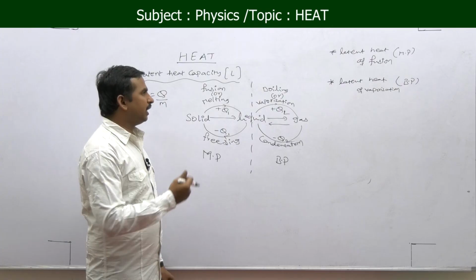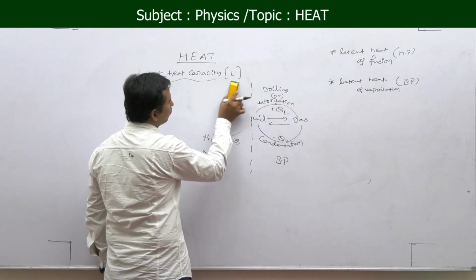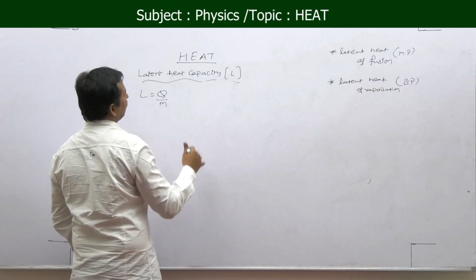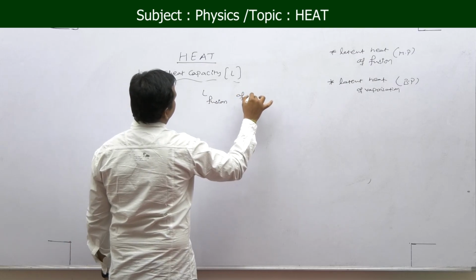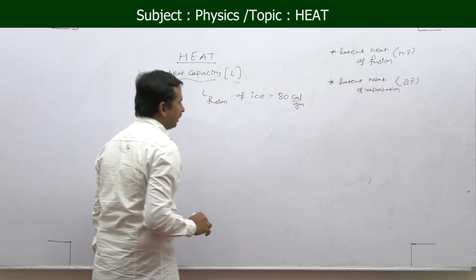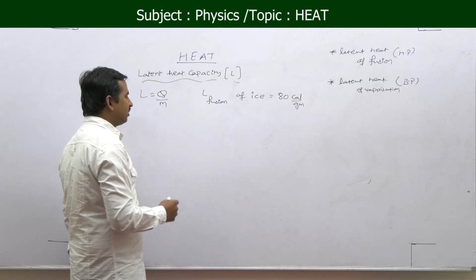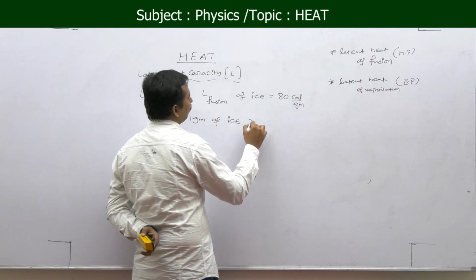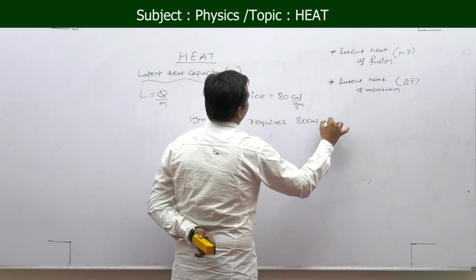In the case of latent heat capacities, we can take the example of ice. The latent heat of fusion of ice has a value of 80 calories per gram. What it means is that 1 gram of ice requires 80 calories to melt.